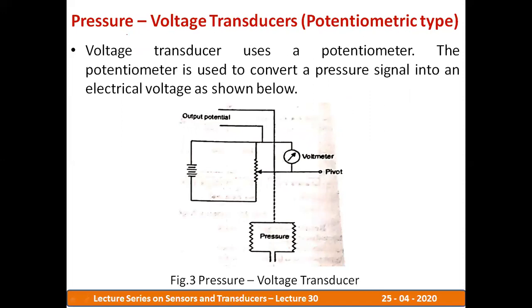So next we will be discussing the pressure voltage transducer. This is the second type of pressure transducers. The name itself says that here pressure is converted into its equivalent or proportional voltage.